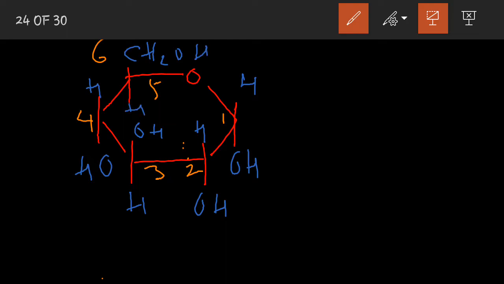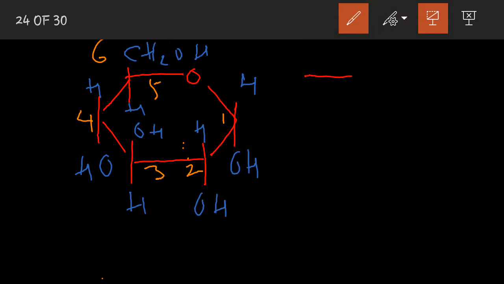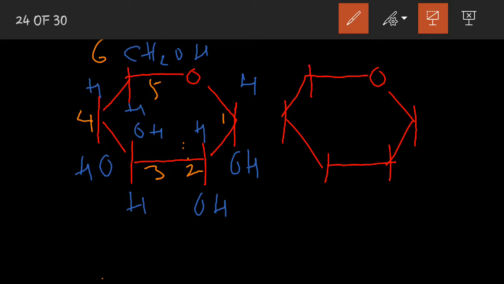So I tried my level best on a mobile screen. Next, this is alpha D plus glucose. What do I have to draw? Another alpha D plus glucose, isn't it? Yes, a 6-membered ring. Come on, numbering. First carbon, second, third carbon here. This is fourth.